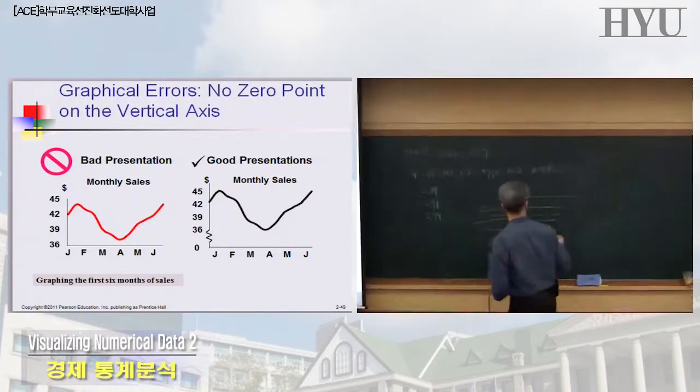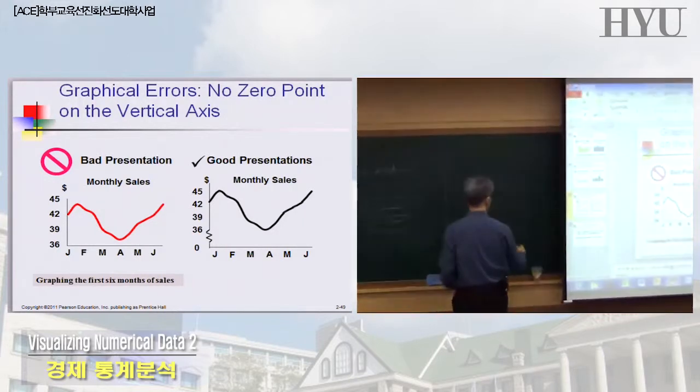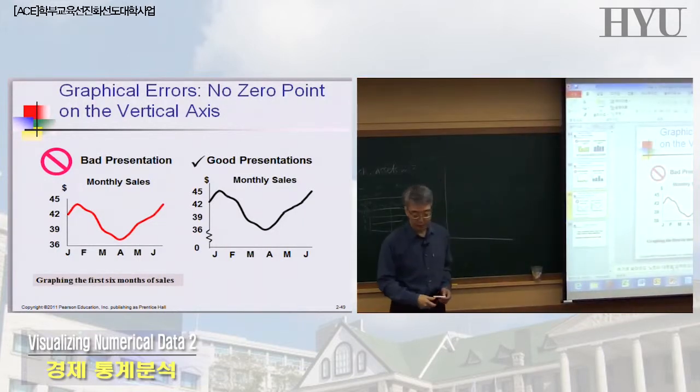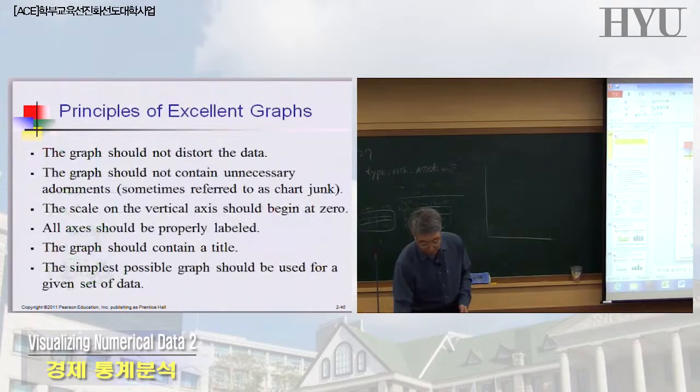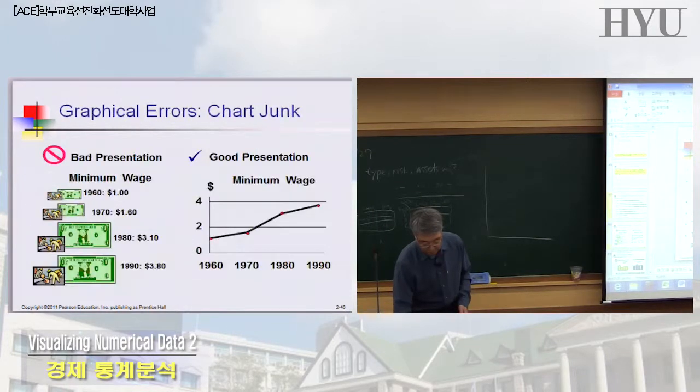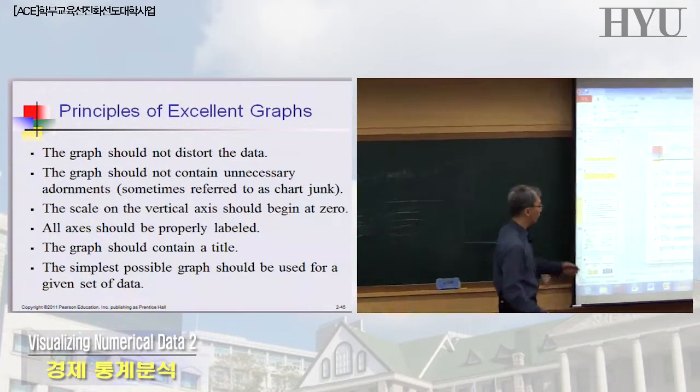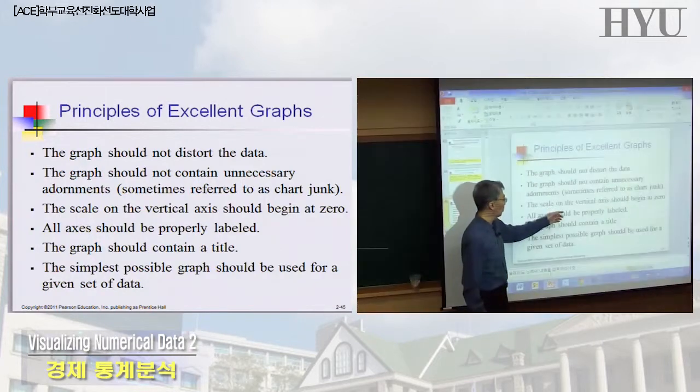So if you take this advice literally, you have to include 0, the scale on the vertical axis should begin at 0.